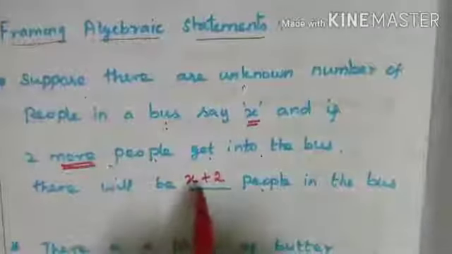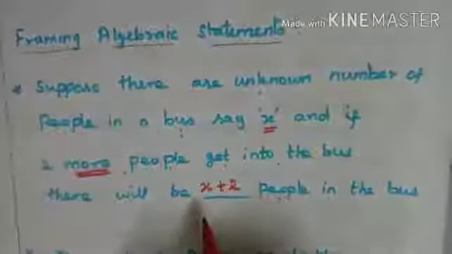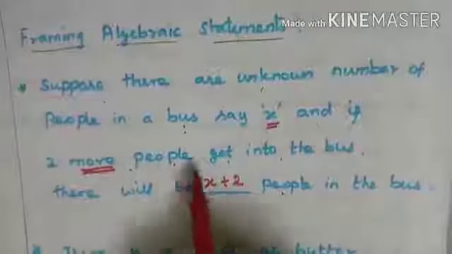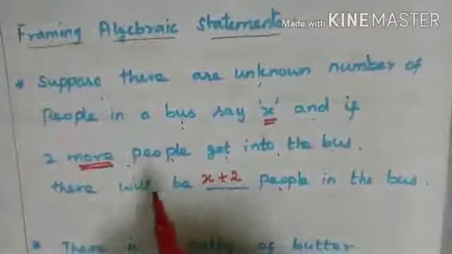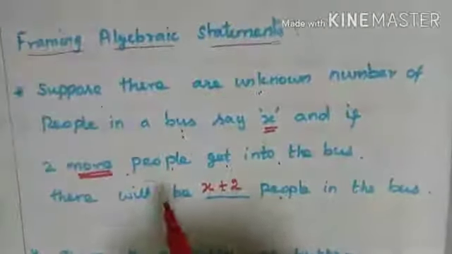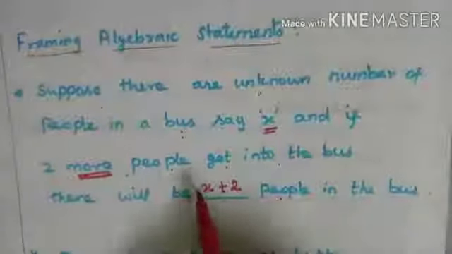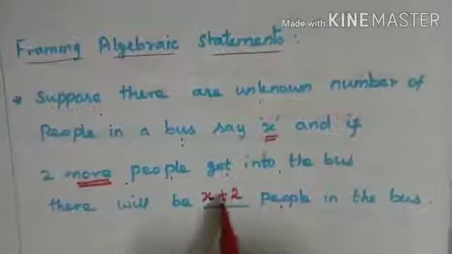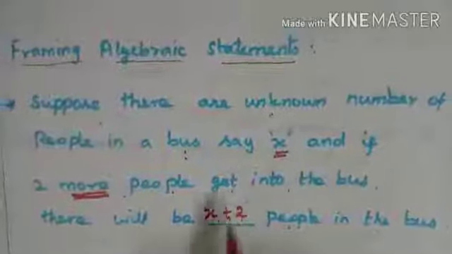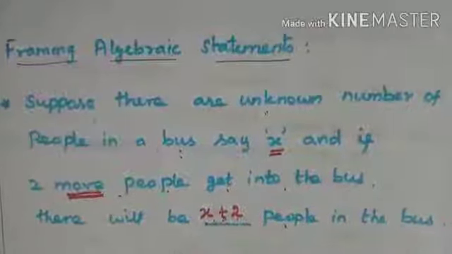Addition we can use for sum, total, increased. If the words are given as total or increased, we have to put the plus symbol. Therefore there will be x plus 2. First this number we don't know, plus 2. 2 persons are now getting inside the bus. Therefore x plus 2 people are in the bus.